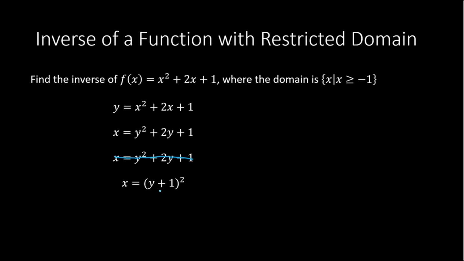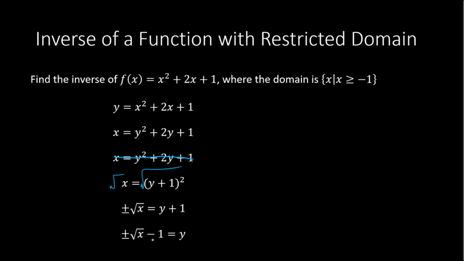But here we have y plus 1 squared. And then we can take the square root of both sides. So you're going to have plus or minus the square root of x equals y plus 1. And then you subtract 1 over to get y equals -1 plus or minus the square root of x, or you can write it the other way, plus or minus square root of x minus 1.